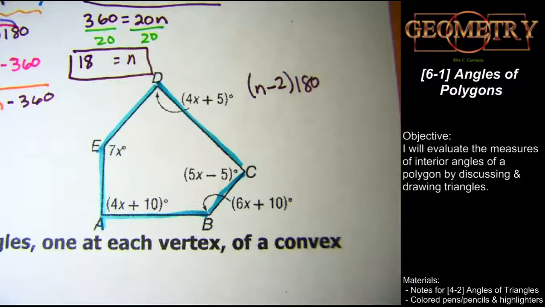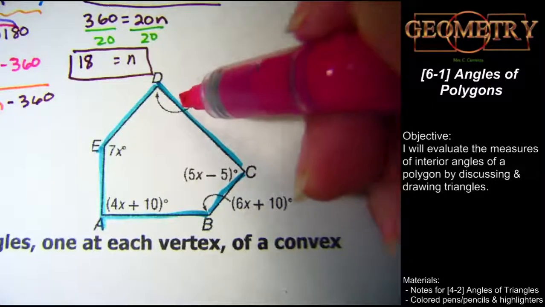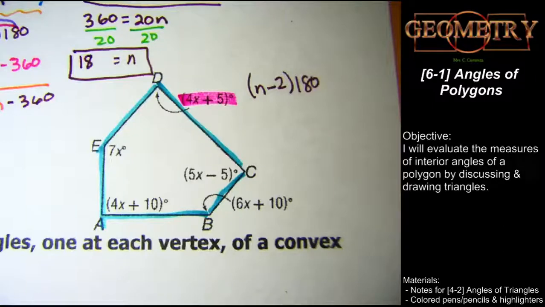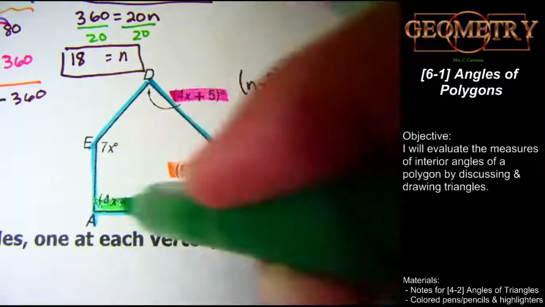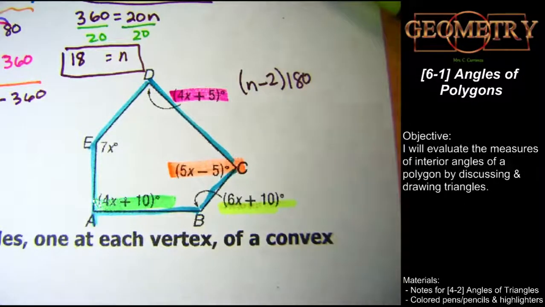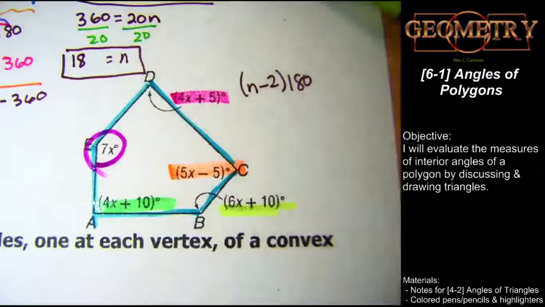Because if I can find the grand total of all of these added together, then this angle measure plus this angle measure plus this angle measure plus this angle measure plus this angle measure is going to equal whatever I get when I figure out this thing.